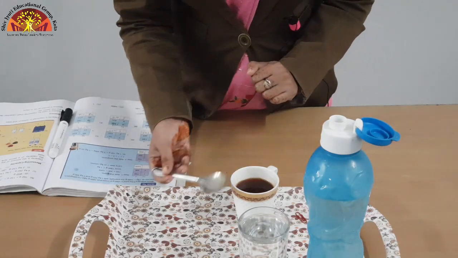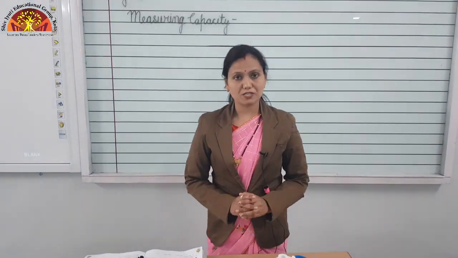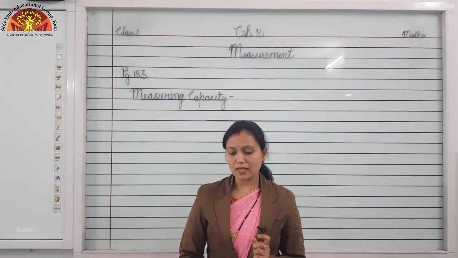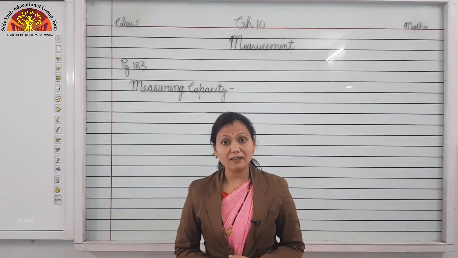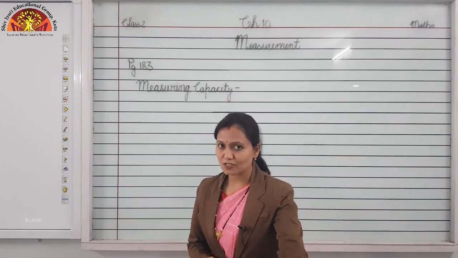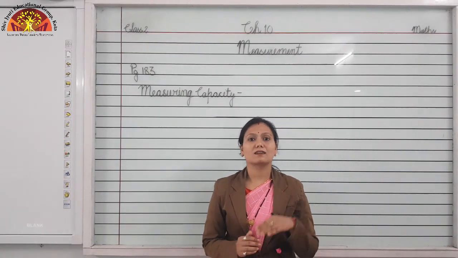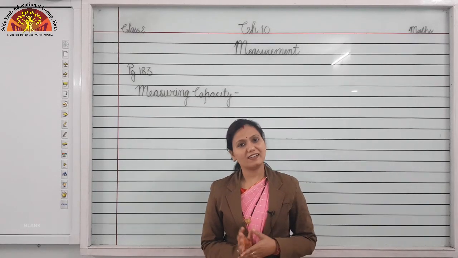And students, keep one thing in mind: milliliter is used to measure small capacity, like this spoon, and liter is used to measure large capacity, like this water bottle. Milliliter is smaller than liter.